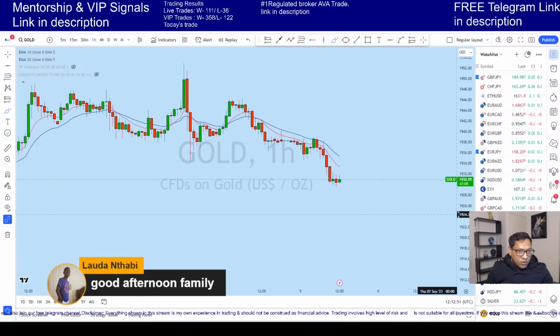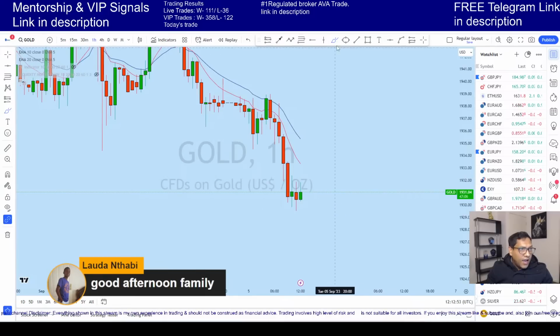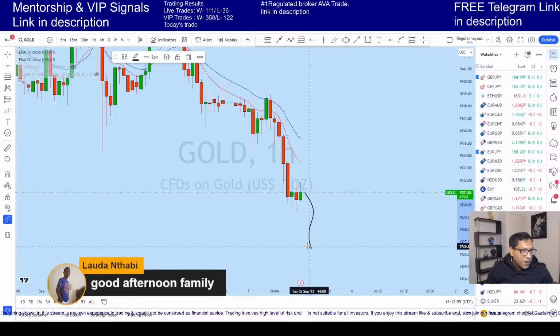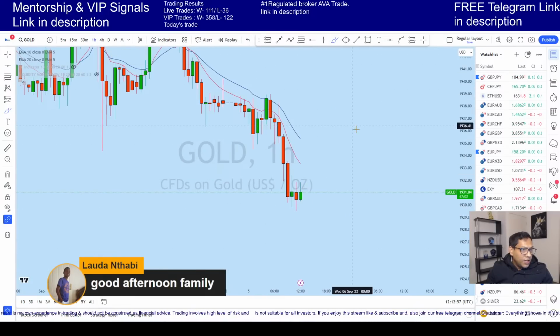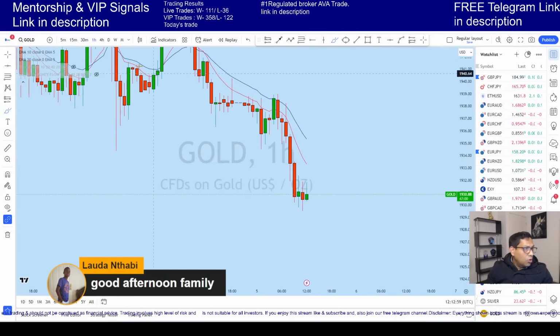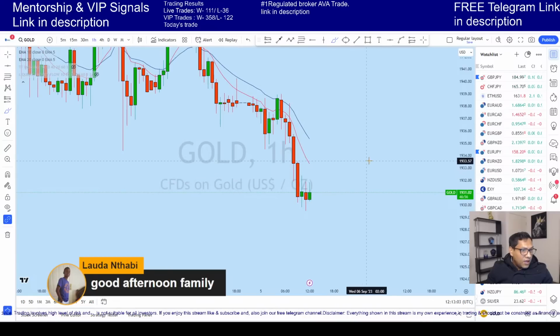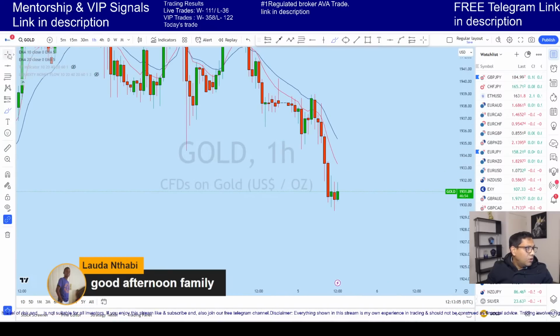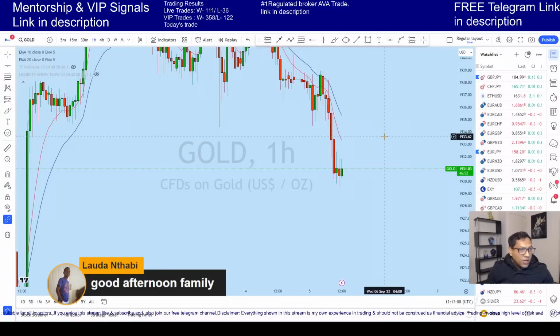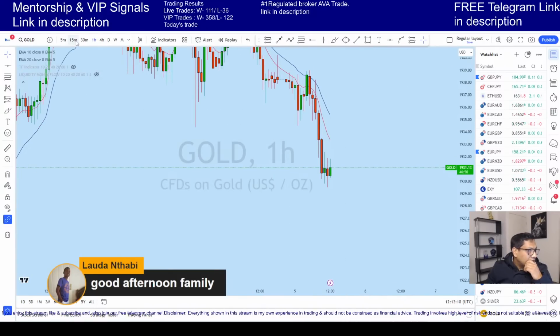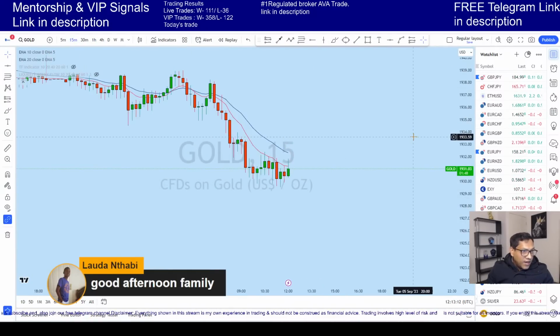I think it is very highly likely that from here the price will drop to create a new lower low. So there is a probability for gold to have a downside movement. So let's find out where the next point is that we can find an entry.